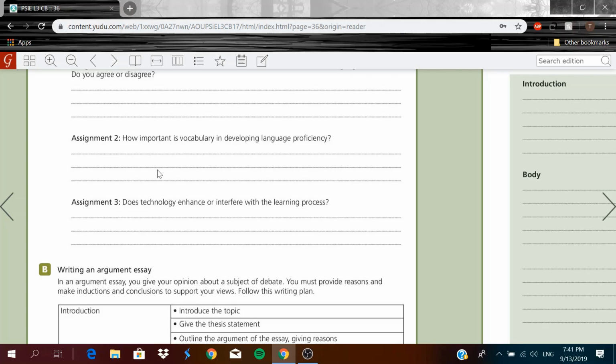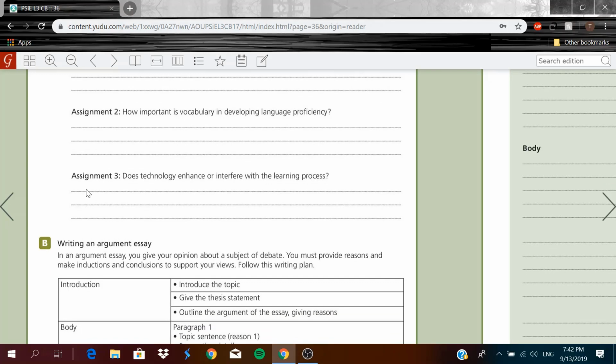Do you think that vocab is meh? I mean, yeah, it's important, but not that important? Or do you think that it's key and it's really important in developing language proficiency? So personally, I think that vocab is really important. So I'd say vocabulary is key to developing language proficiency, right? Again, this can be totally up to you.